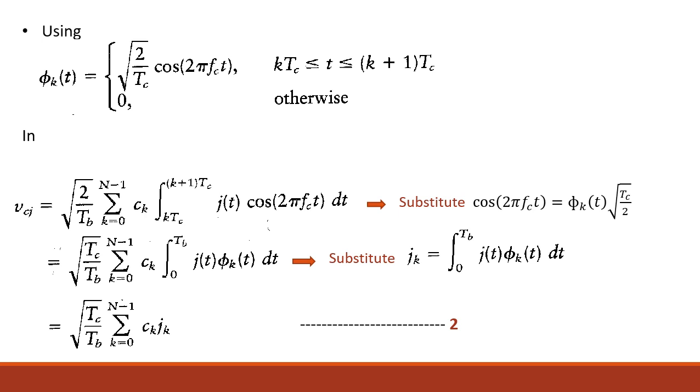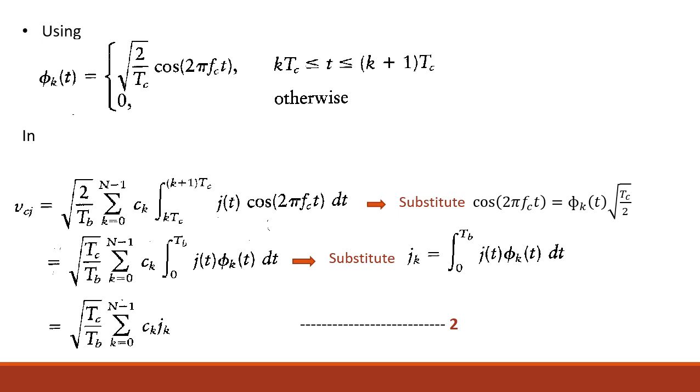So into this expression we substitute cos 2 pi fct as phi k of t into root of Tc by 2. This substitution leads us to the expression root of Tc by Tb summation k going from 0 to n minus 1 Ck integral 0 to Tb j of t phi k of t dt.